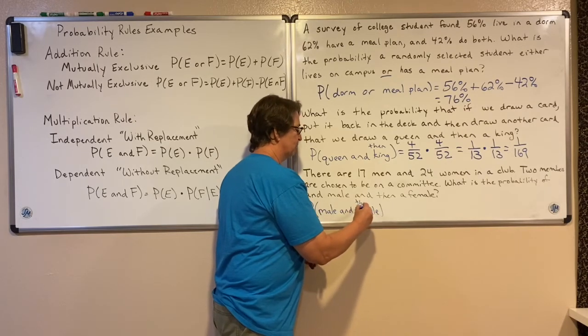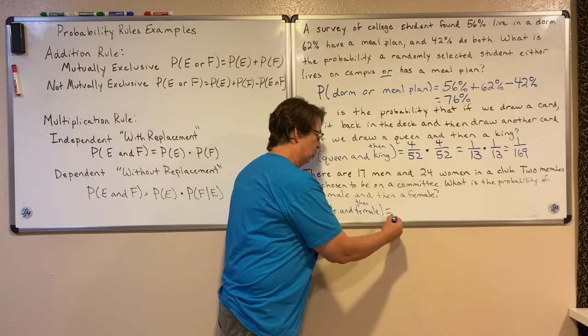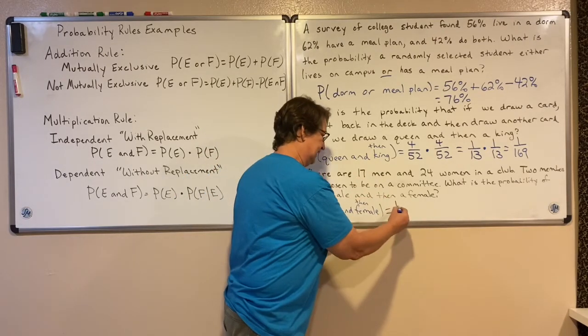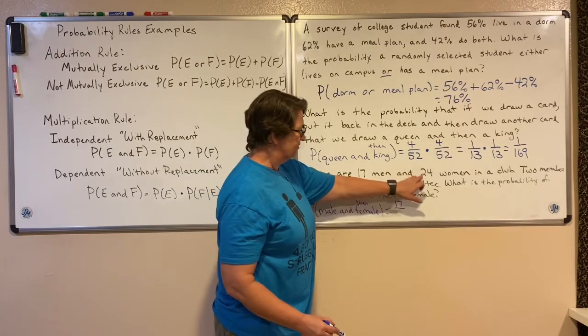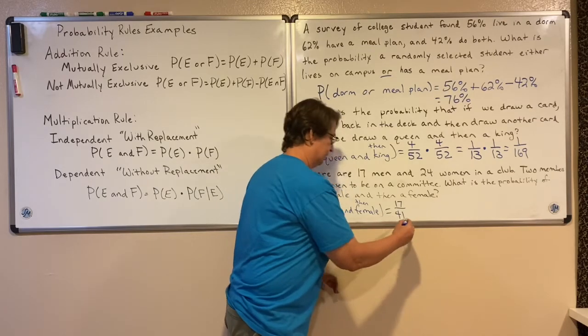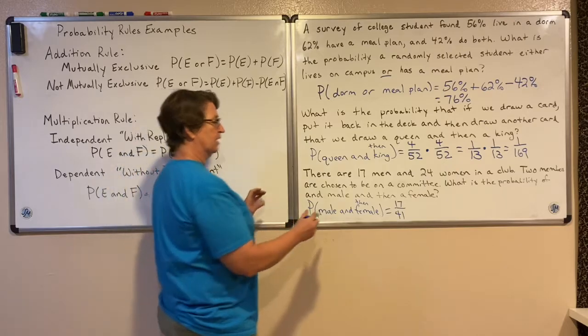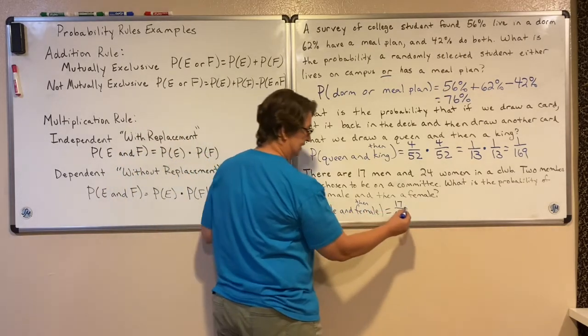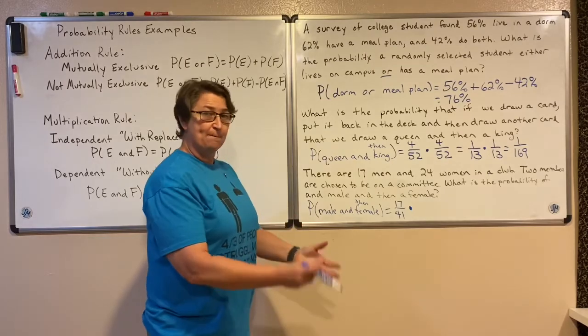So what's the probability? Well, the probability I get a male is 17 out of a total of, well, that's 30, 41. So out of a total of 41. And then the probability that I get a female, well, am I going to put that man back in?